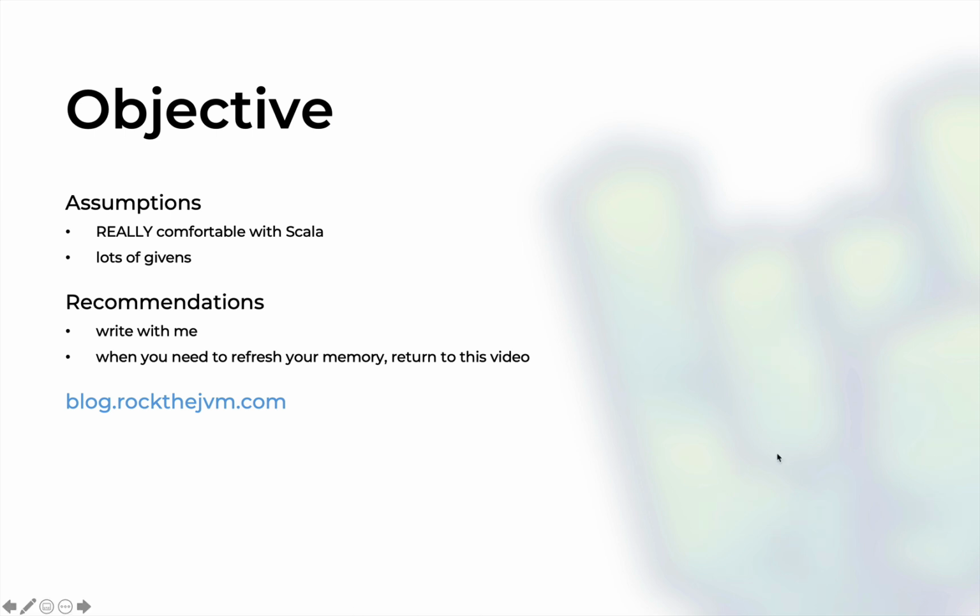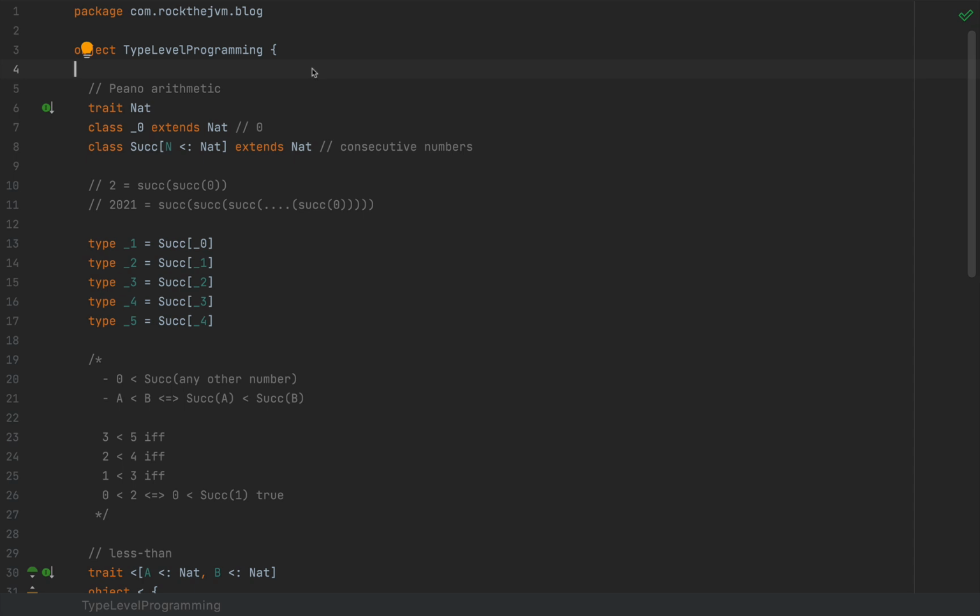Now, without further ado, I'm going to come back to the code that we ended up with in the previous video where we ordered numbers as types at compile time. To that end, we used the Peano representation of natural numbers by this trait that I called Nat and the class that I called _0 for the quote-unquote number 0, and the succession between two consecutive numbers by this successor type.